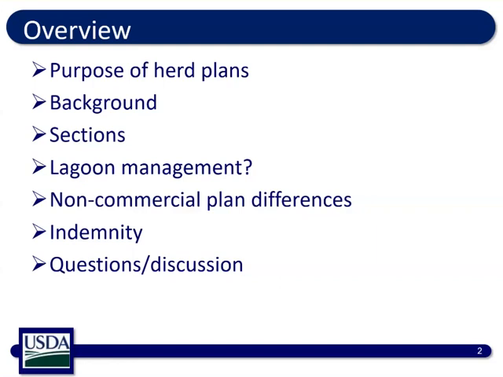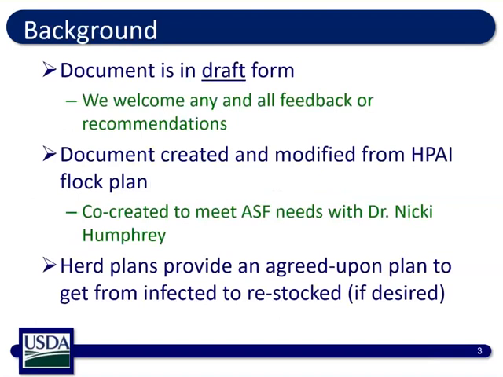I'll try to touch a little on indemnity and some of the process we're working through. And then at the end, hopefully we'll have some good questions or discussion. Again, as we work through this and try to put it together, we'll take any feedback we can get. As we walk through it, just know that we're open to any suggestions at this point.